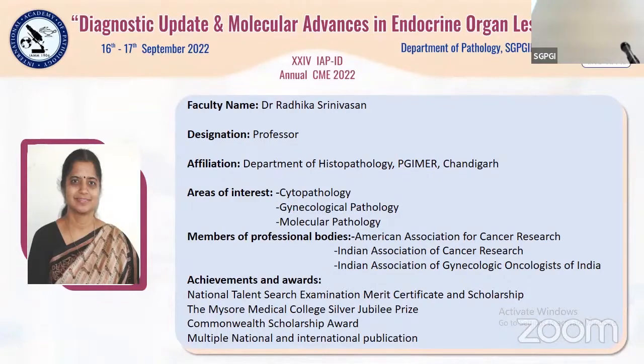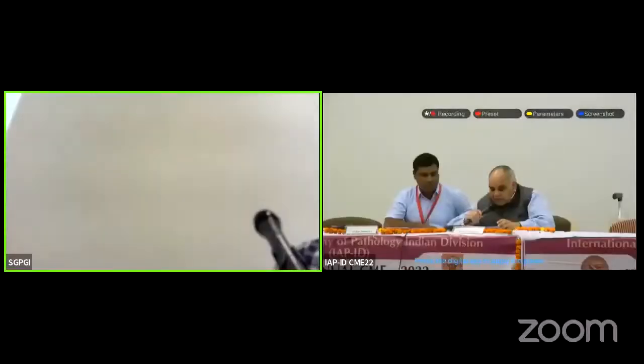She has many achievements, including the National Talent Search Examination Merit Certificate and Scholarship, Mysore Medical College Silver Jubilee Prize, Commonwealth Scholarship Award, and multiple national and international publications. I invite Dr. Radhika to deliver the talk.